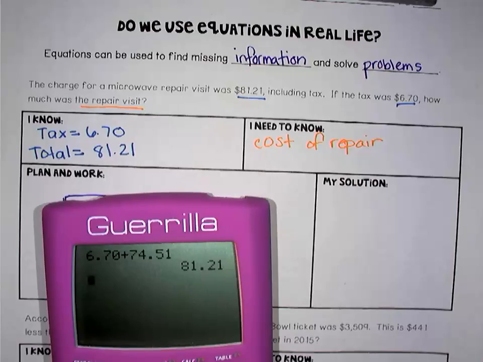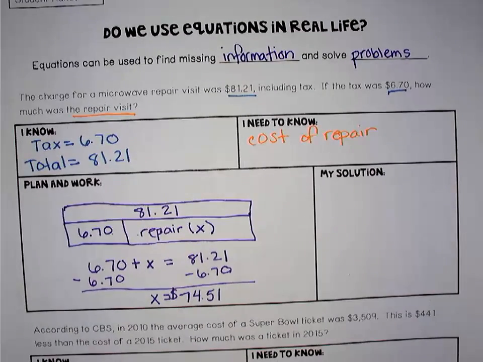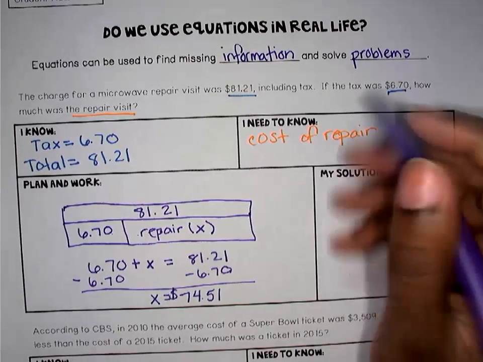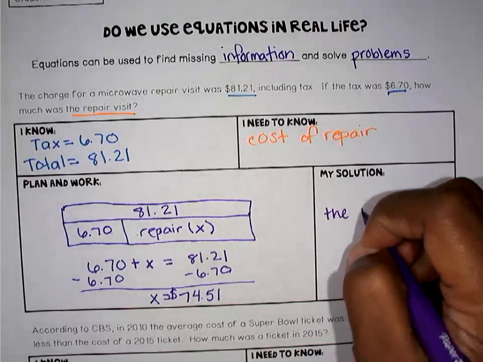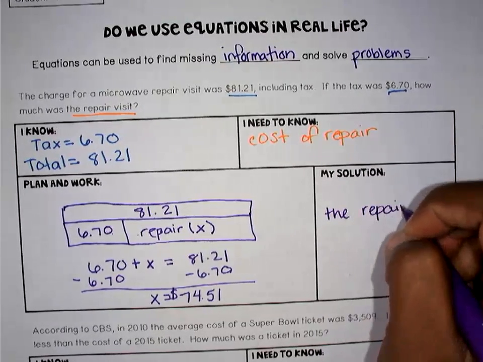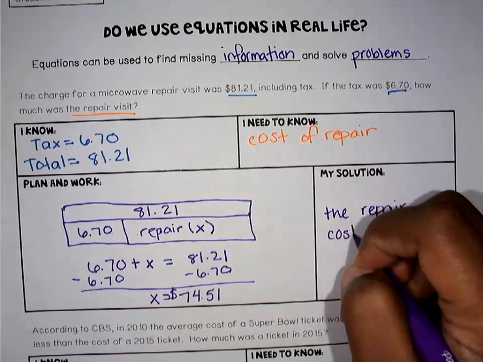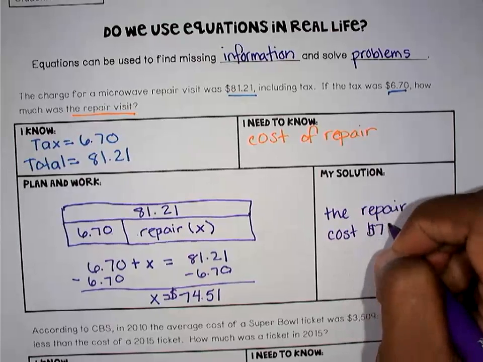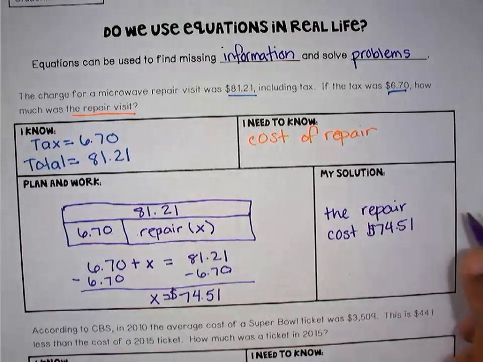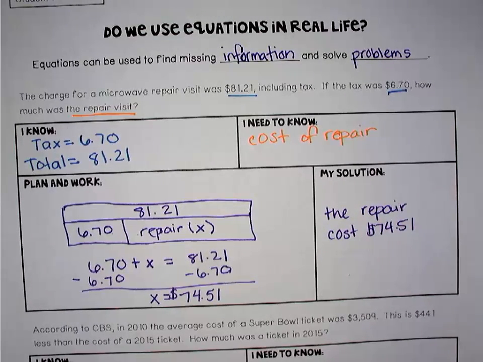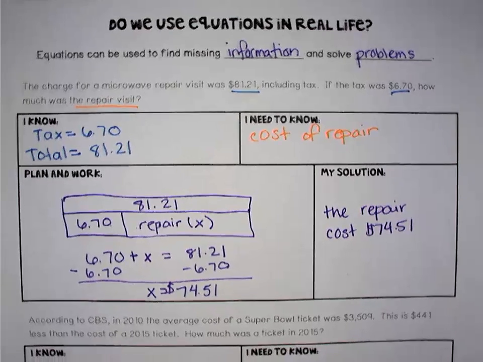All right, so you go back and check your answers with a calculator. All right, and so your solution will be the repair costs $74.51. All right, this breaks down every single step of the problem.